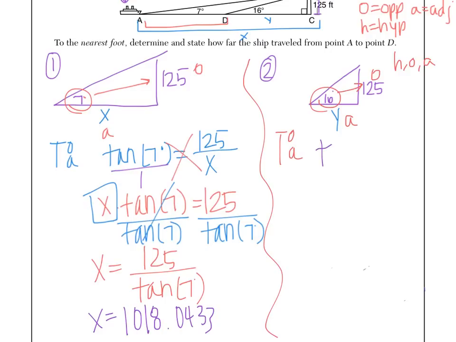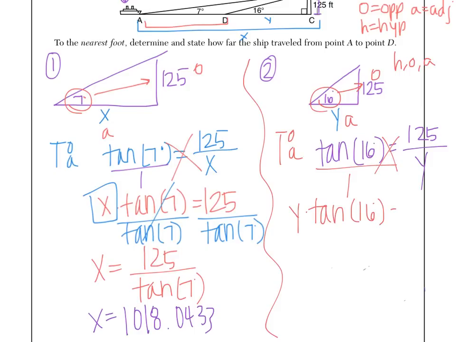So we have tangent of 16 degrees equals 125 over y. Again, put that tangent over 1 so that we can cross multiply. y times tangent of 16 degrees equals 125. Divide by tangent of 16, divide by tangent of 16.